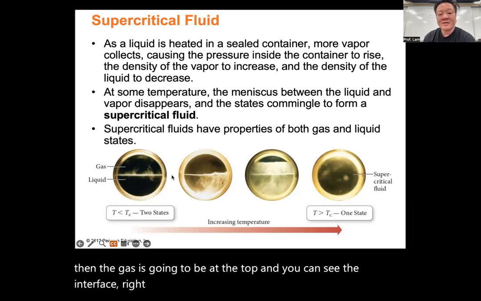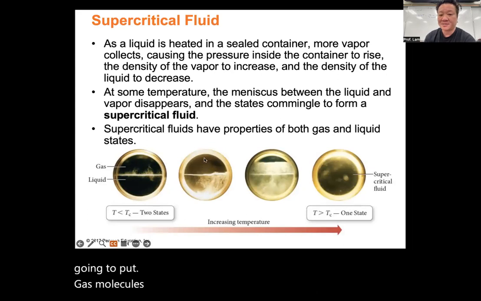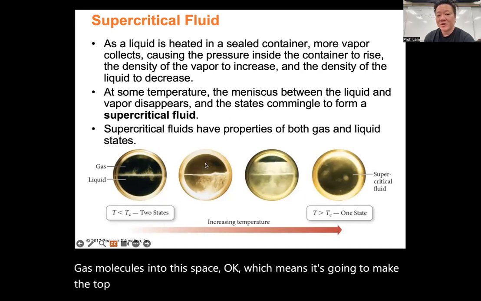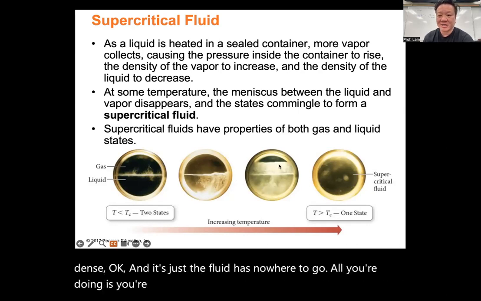So then as you heat this fluid, what happens is it's going to put gas molecules into this space, okay? Which means it's going to make the top space more dense, right? While the bottom phase gets less dense, okay? And since the fluid has nowhere to go, all you're doing is this change in density.